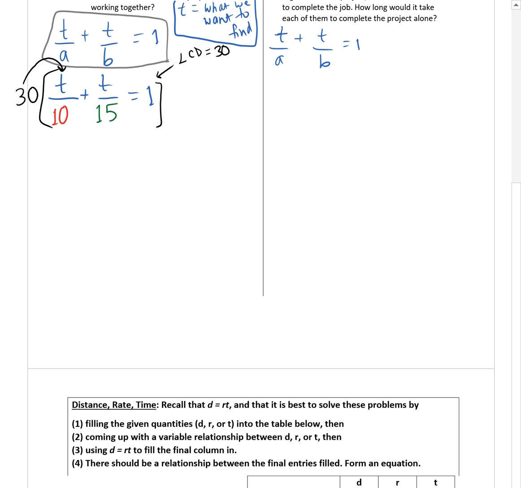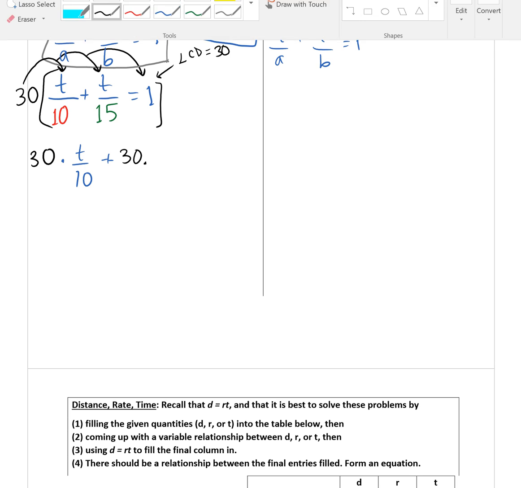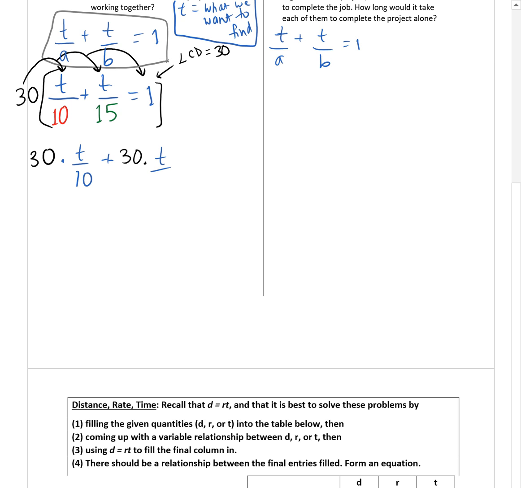Every term gets 30 multiplied by it. So it'll be 30 times the first fraction, t over 10, plus 30 times the second fraction, t over 15, equals 30 times the 1 on the other side. 30 times 1 is 30.